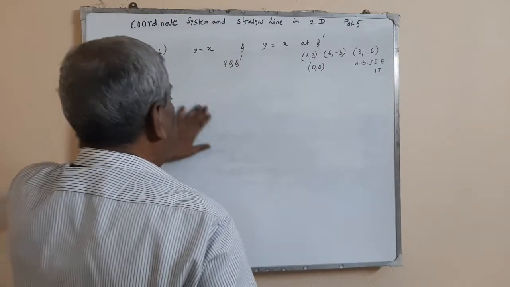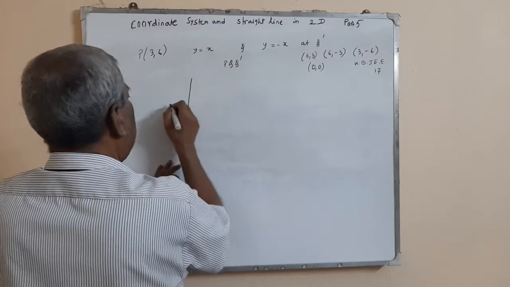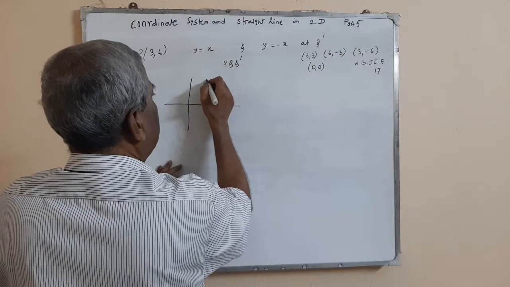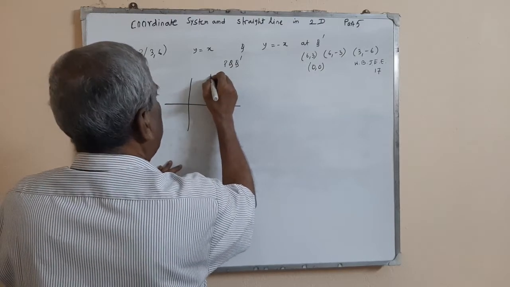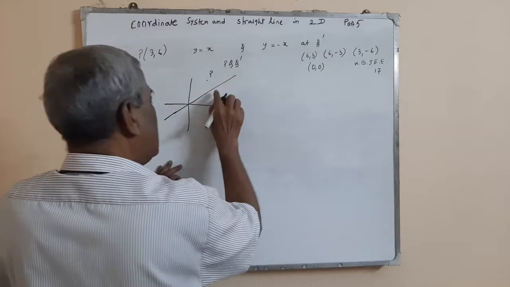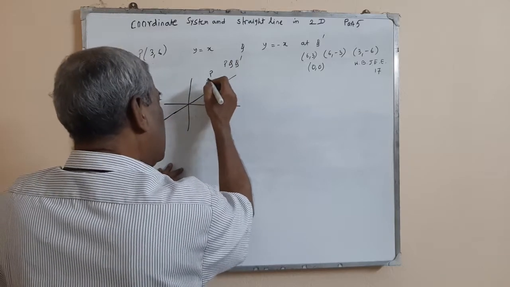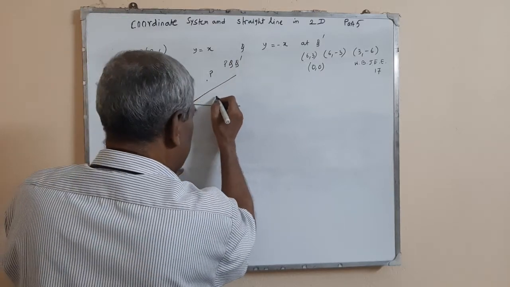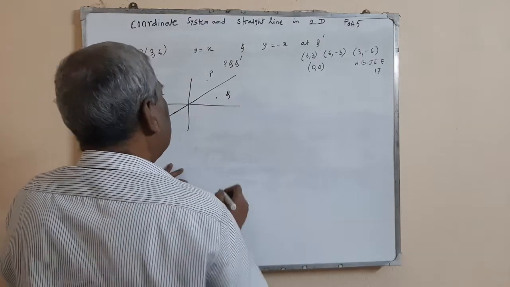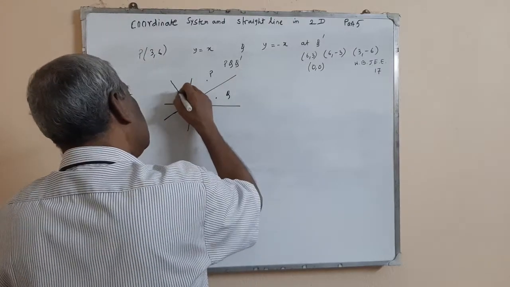Now the problem is that, say, 3, 6 is a point here, P. This line is y is equal to x. The point P reflects on that and gets the point Q. Then there is another line, y is equal to minus x.